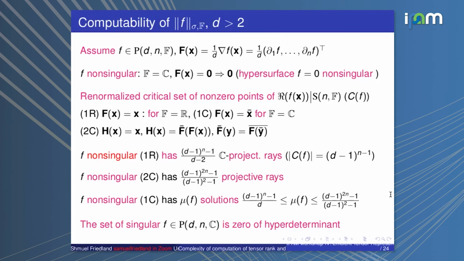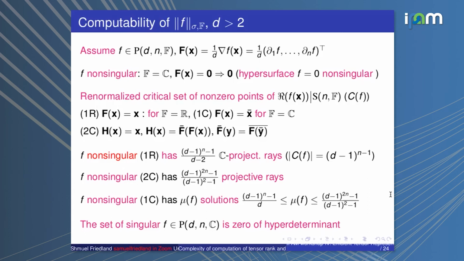Now, if f is non-singular, then you have this number, (d minus 1) to the n minus d, divided by the 2C projective rays. I think this was discovered by Stumpf and his student. And if f is non-singular over C, then for 2C we have this number of projective rays.